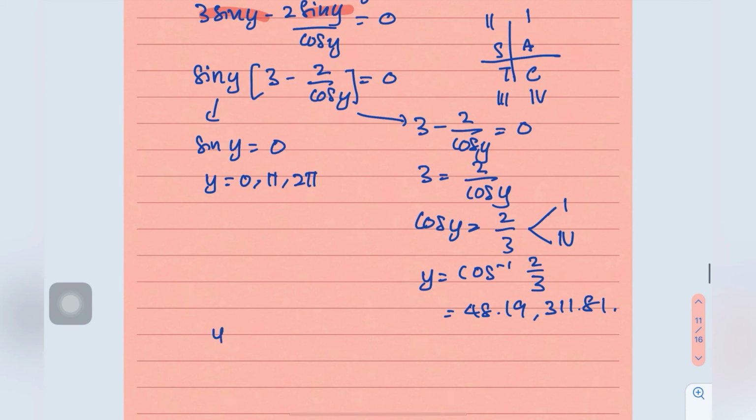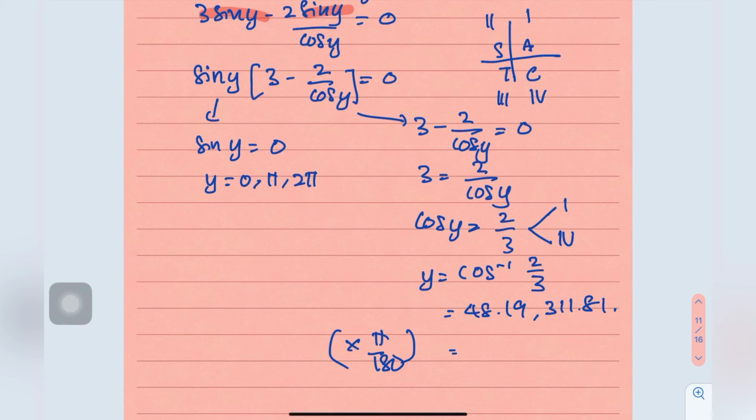So y equals 0, 48.19 degrees. This one we can convert in terms of pi, so we multiply by pi over 180.